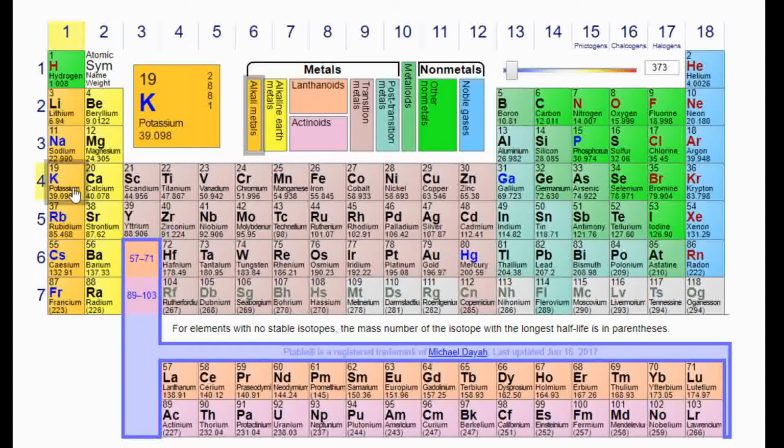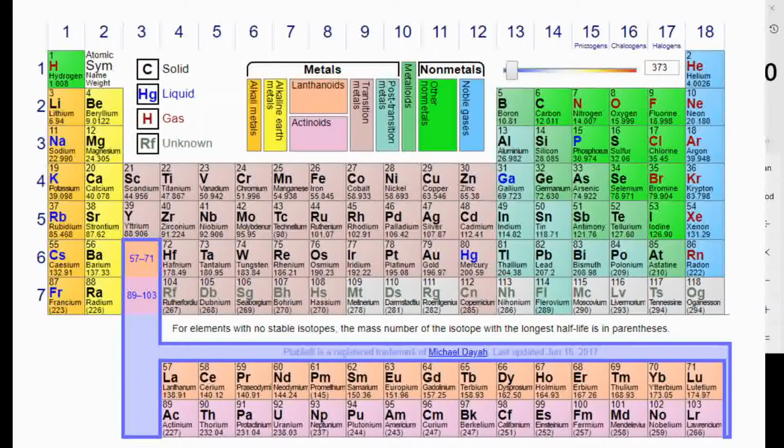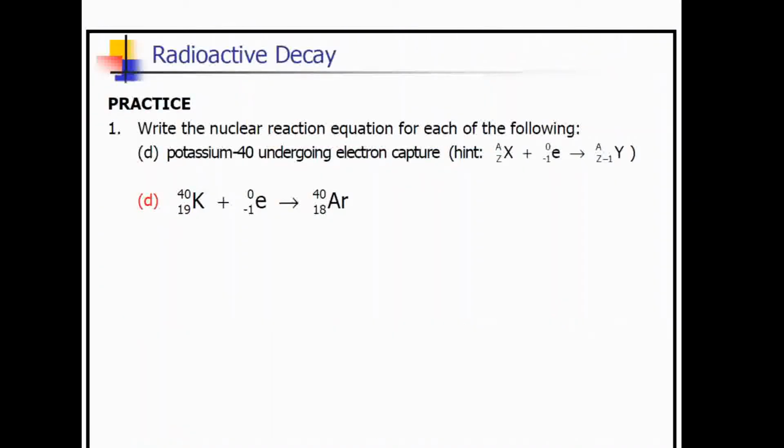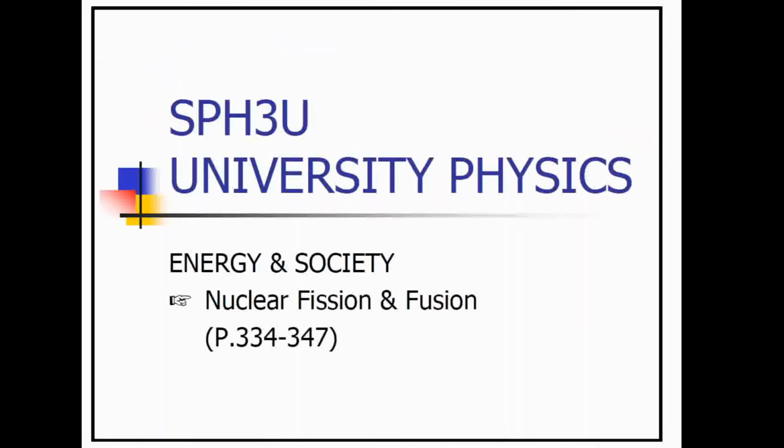So if I go from potassium and I move left, I go all the way over here to argon. So that's it for radioactive decay. We're going to move into nuclear fission and fusion next.